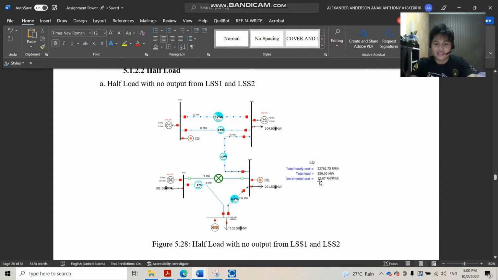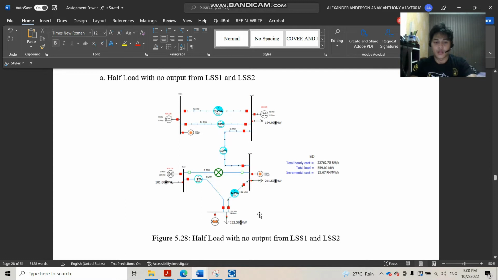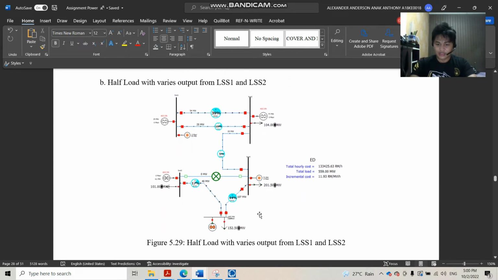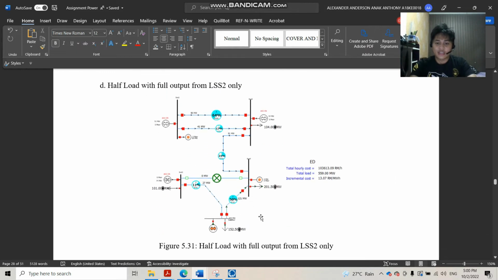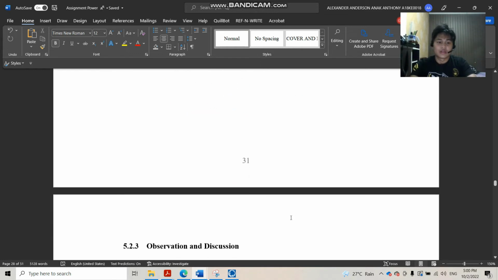The incremental cost is 15.67 ringgit per megawatt hour, while for the next case it is 11.93 ringgit per megawatt hour, and for the next one it is 10.79 ringgit per megawatt hour. And for D, which is LSS2 only, it is 13.07 ringgit per megawatt hour.